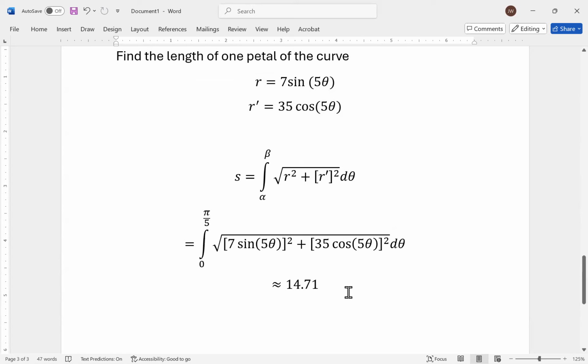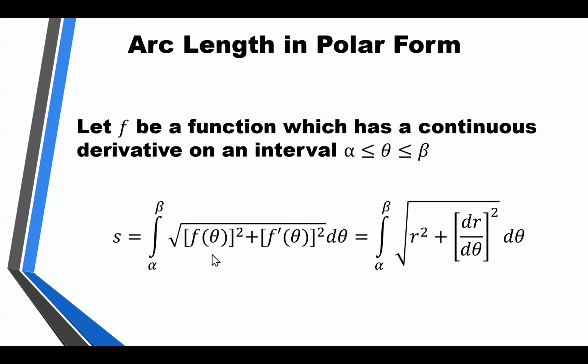It was roughly 14.71. But this is the formula for arc length in polar form. Again, I've been using r and r prime as my symbols instead of f of theta and f prime of theta.